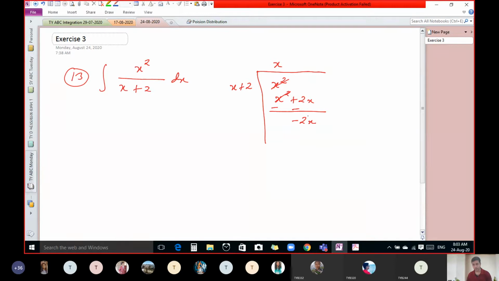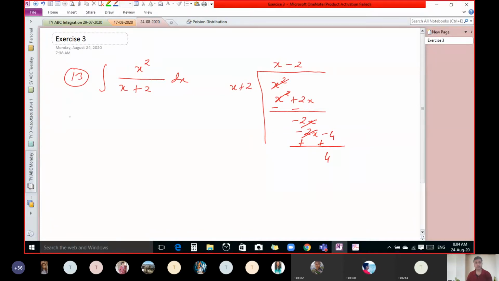Now this minus 2x divided by x is minus 2, so multiplied by minus 2, we get minus 2x minus 4. Now change the sign. This will cancel and here we get 4 only.